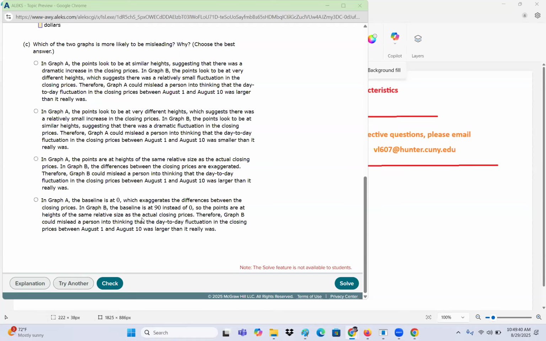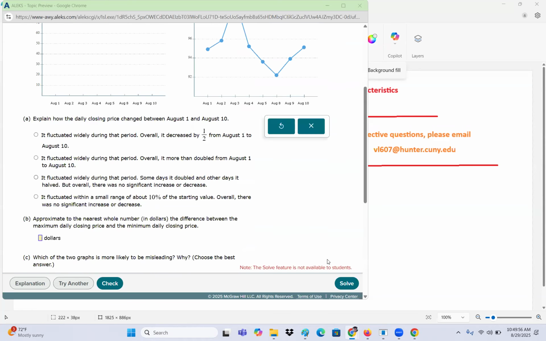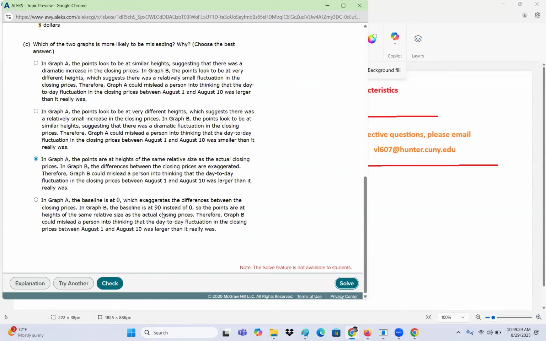Yeah, I read it too fast. So somehow in graph B, the baseline is at 90 instead of zero, right? Obviously. So the points are at the height of the center, where it should be D. So C, actually no, it has to be C or D, but I have to read that more carefully.